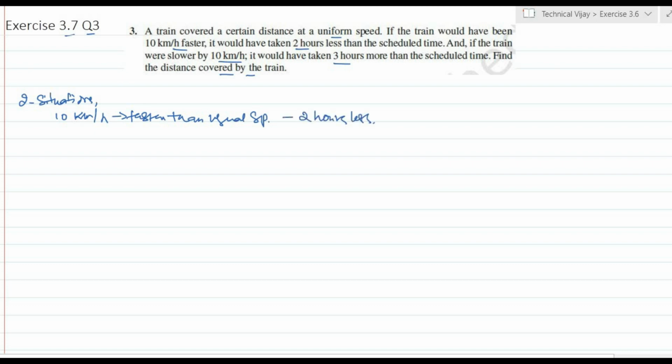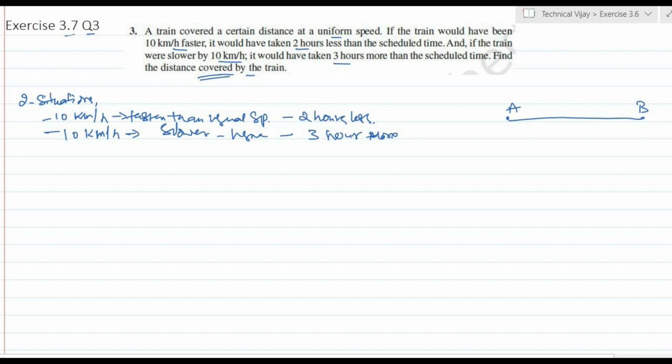And in another case, if the train is slower by 10 km per hour than the usual speed, it will take 3 hours more. So what we have to find out is the distance covered by the train, the distance from this point to this point.